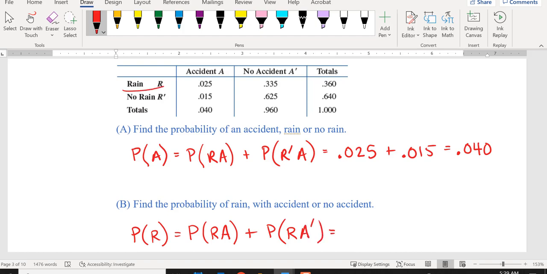So the probability of rain is equal to the probability of rain with accident, 0.025, plus the probability of rain with no accident, 0.335, and that equals the total 0.360. So the probability of rain is 0.360.